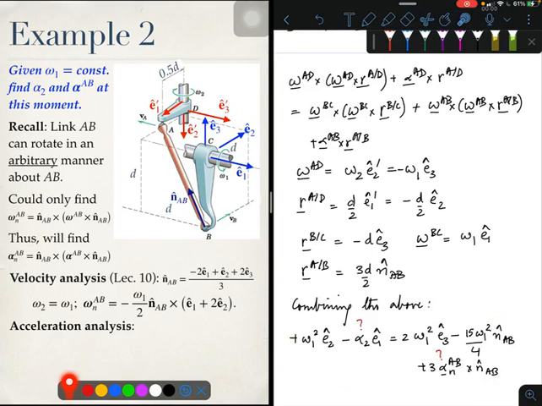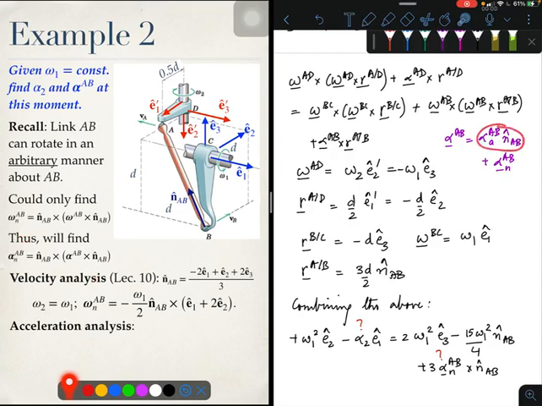You may be wondering how come alpha AB cross RAB became alpha NAB cross NAB. It is actually clear. If you take alpha AB, let me write it over here. Suppose I was to write alpha AB as alpha AB along the axis plus alpha AB normal to the axis, where alpha NAB is given here on the left by this formula, just as in the case of the velocity analysis.